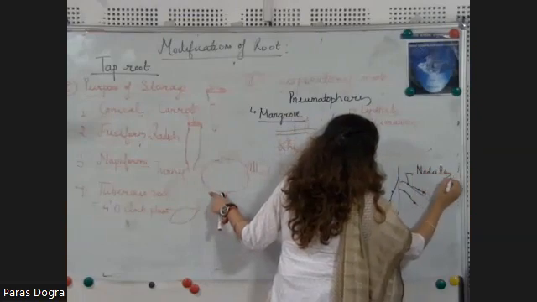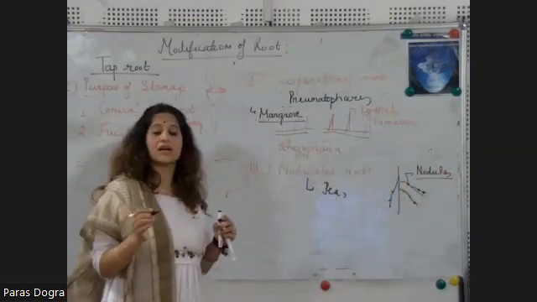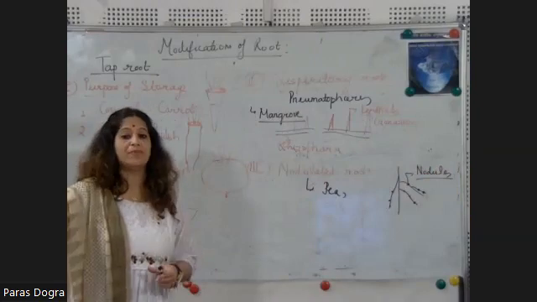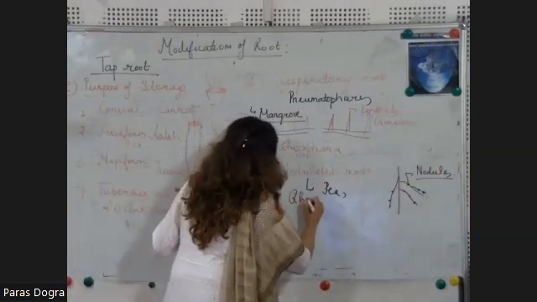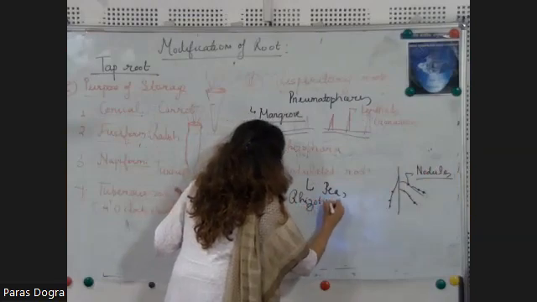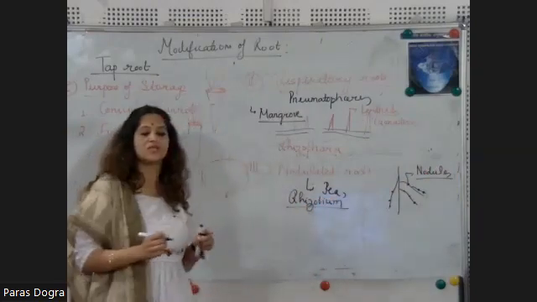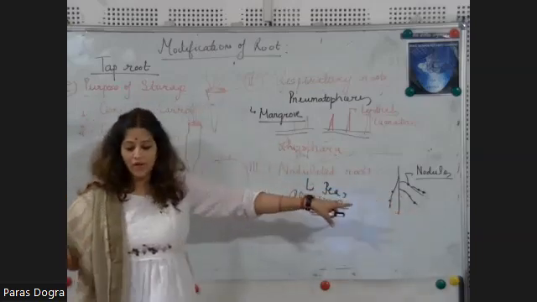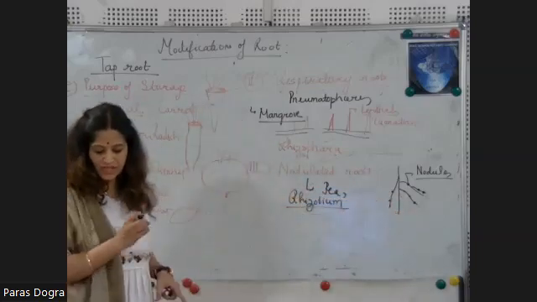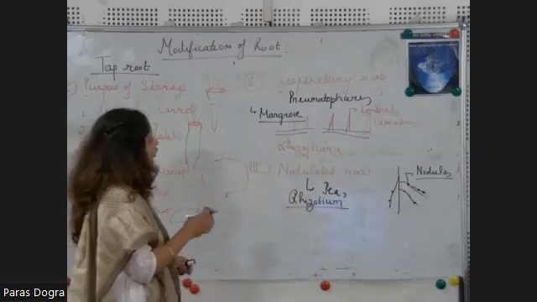Okay. In these structures called nodules, you find millions of bacteria. Which bacteria? It is called Rhizobium. If you are talking singular, then it is Rhizobium. Otherwise, we say there are millions of Rhizobia, which we find in these kinds of nodules. Okay, so this is called your nodulated roots.